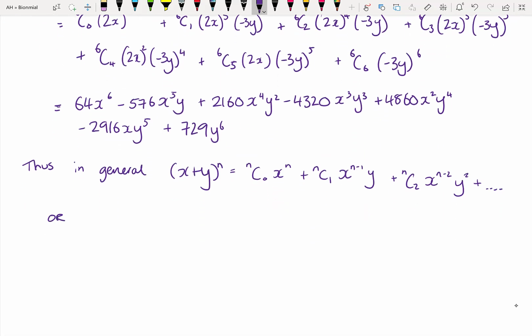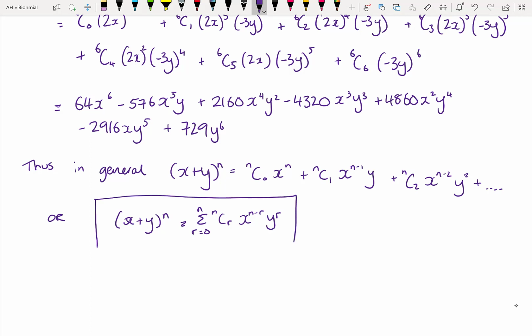Or if we want to think about it in a more general way, (x plus y) to the n is equal to the sum from r equals 0 up to n of n choose r, x to the n minus r, y to the r. And this formula here is our binomial theorem.